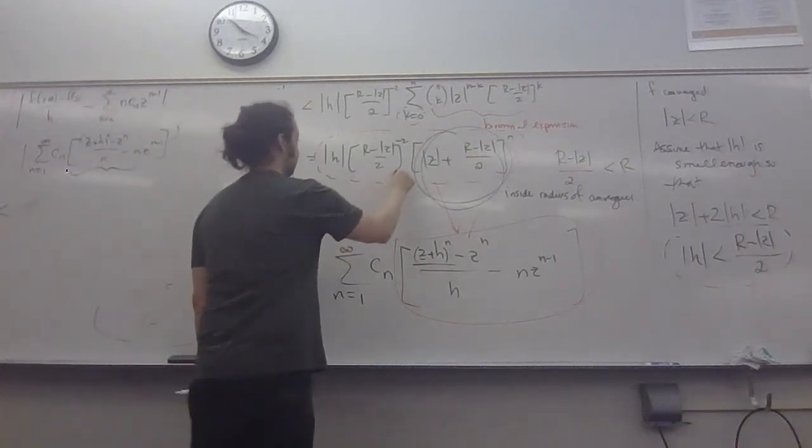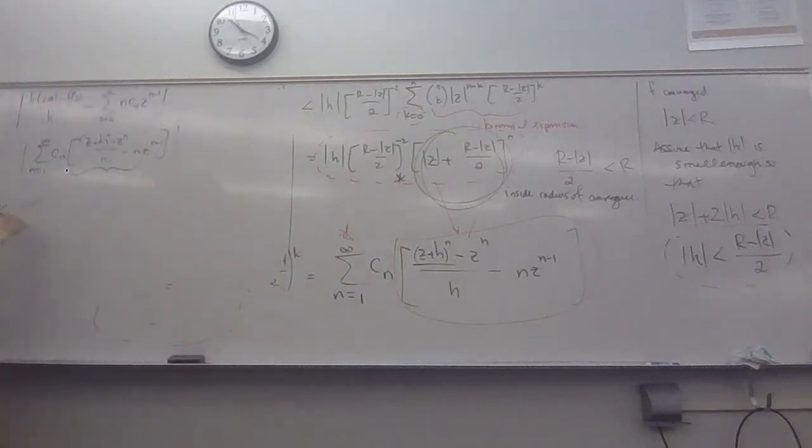And that's going to get us something less than the sum from n equals 1 to infinity of c_n. And then we can factor out, should we do the factoring?